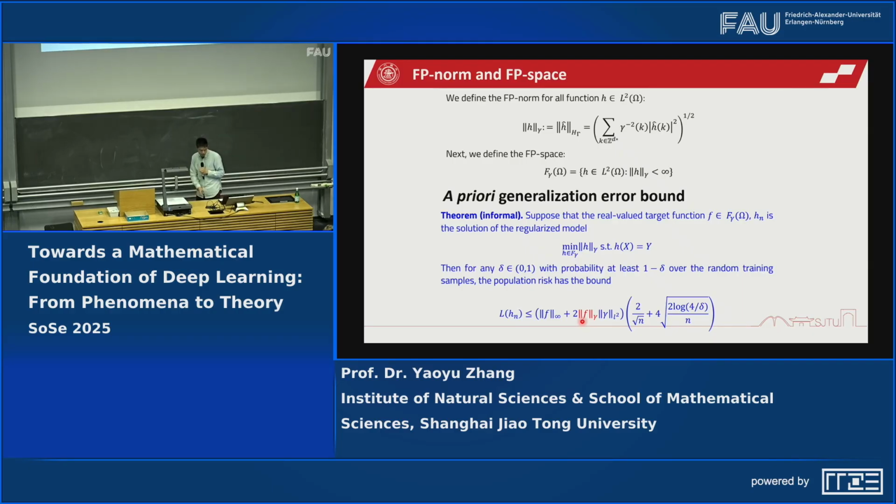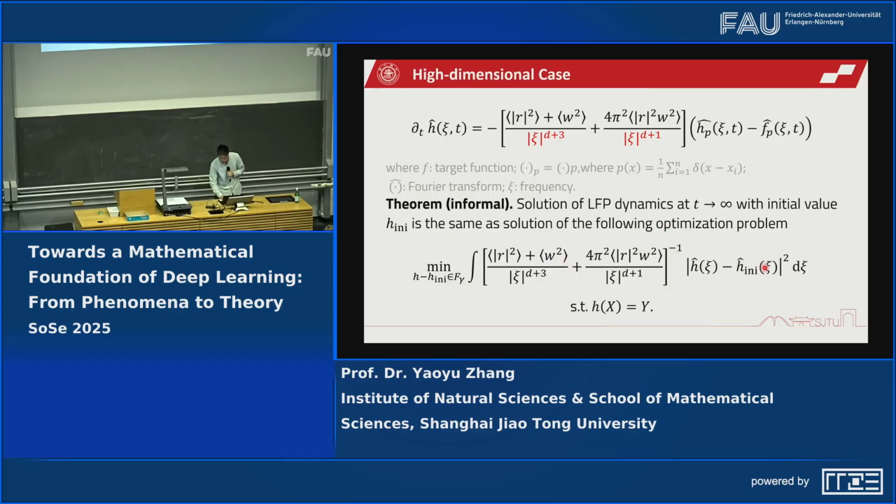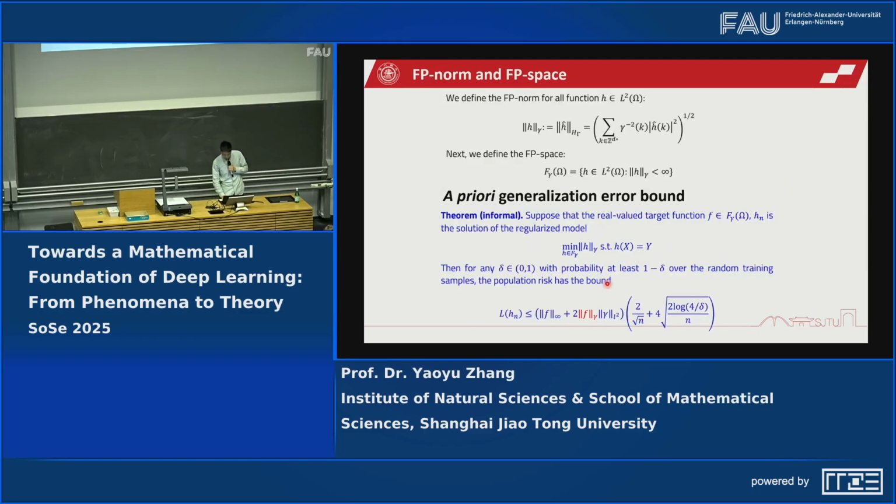Since you minimize over this FP norm, if there's not sufficient data, the network will always choose an interpolation that has a lower FP norm. It is only with so many data that you force the network to learn the target, so the FP norm exactly matches the target. Otherwise, there always exists an interpolation with a lower FP norm than your target. Therefore, what you know about your fitting is that its FP norm must be lower than or equal to the FP norm of your target.